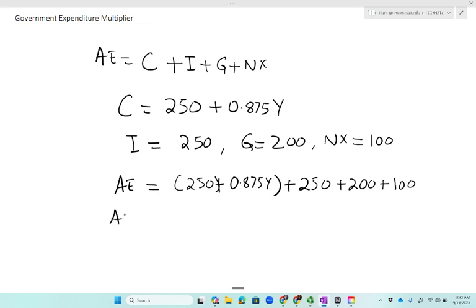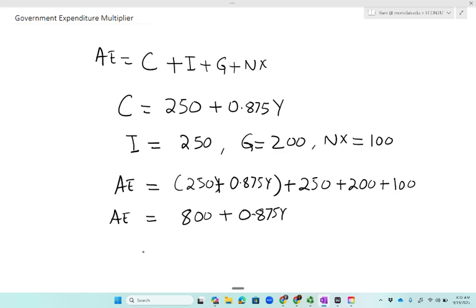We can collect the terms: 250 plus 250 gives me 500, then another 300, so I get 800 plus only one term containing y, which is 0.875y. So that's the aggregate expenditure.